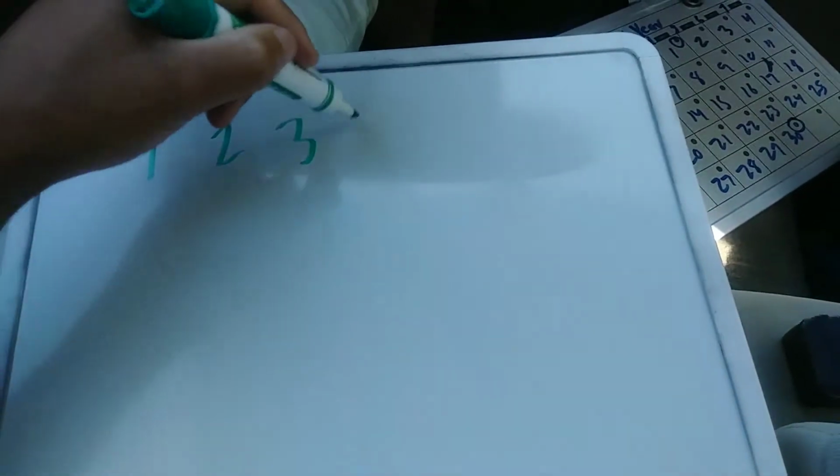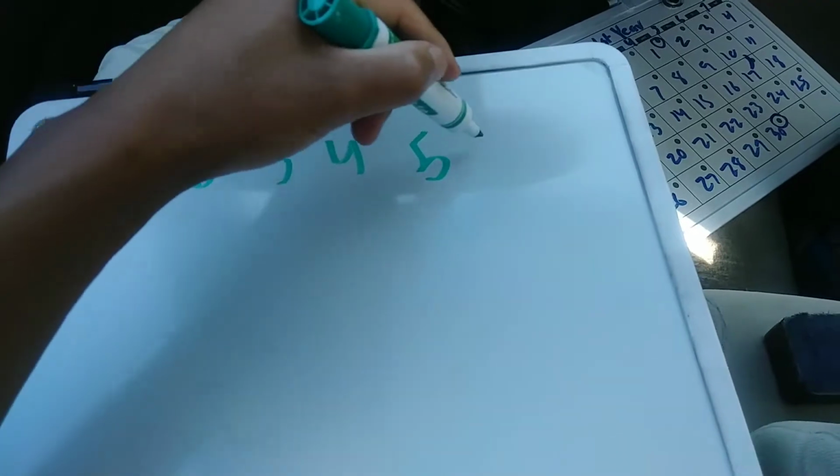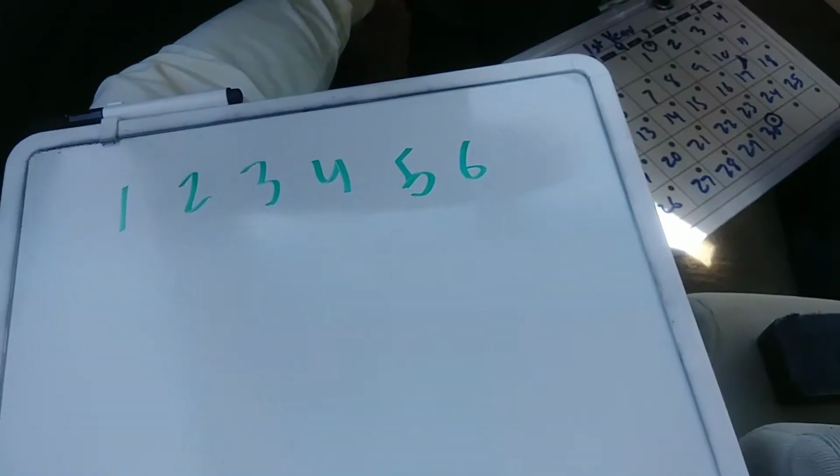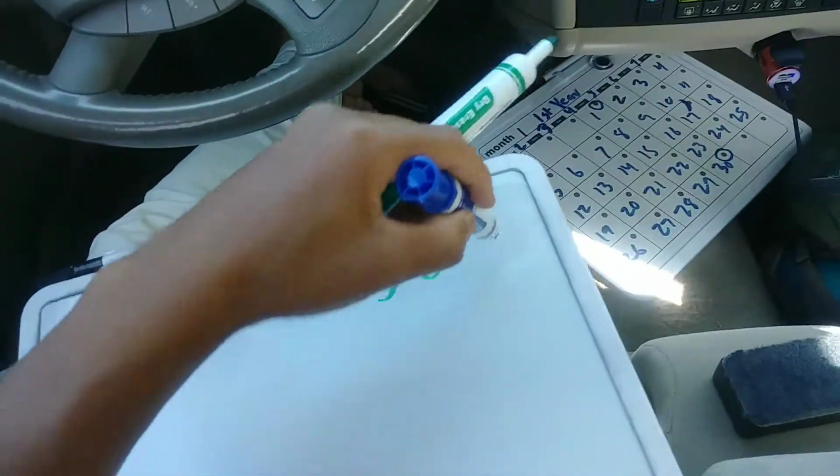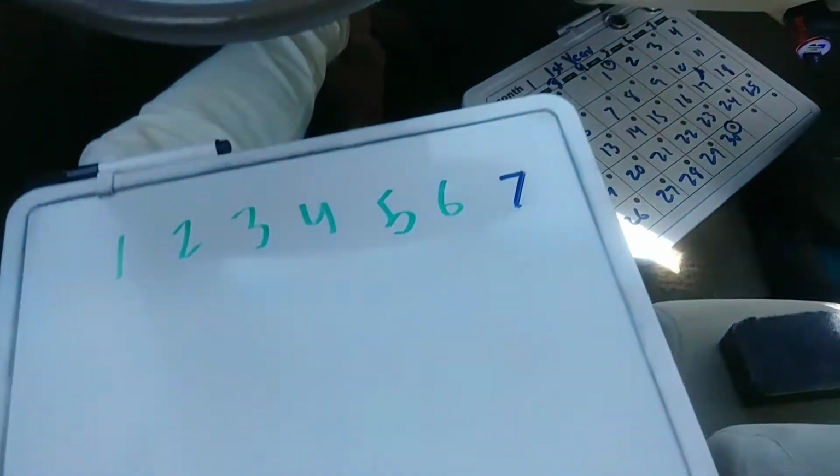But just quickly, you have 1, 2, 3, 4, 5, 6, and then you have this 7th year here.